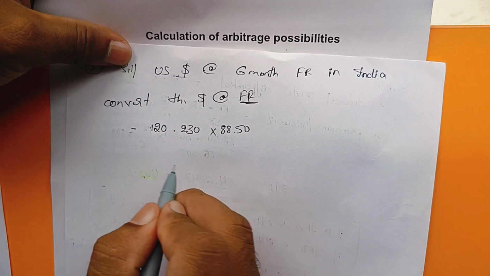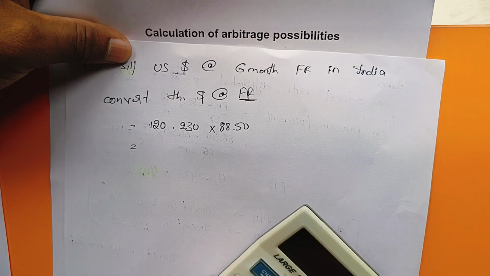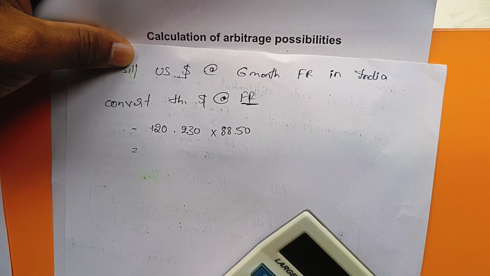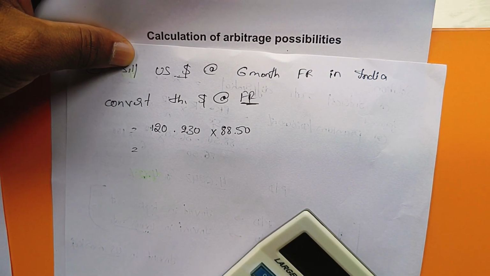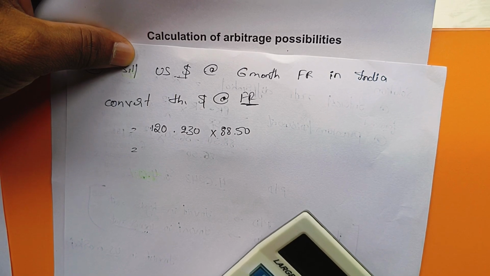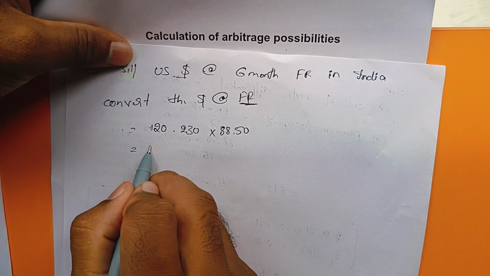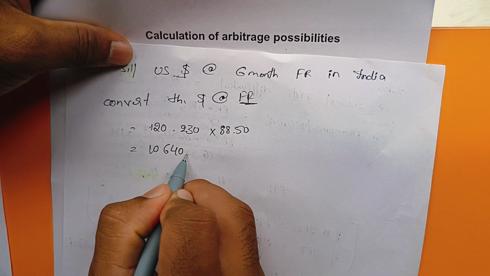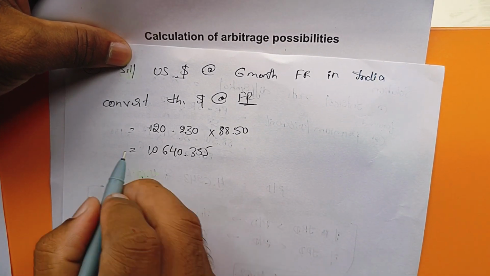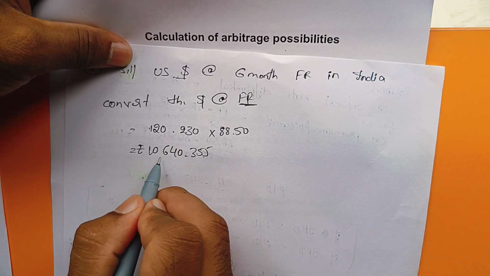If you multiply 120.230 into 88.50, we are going to get 10,640.355. This is nothing but rupees.